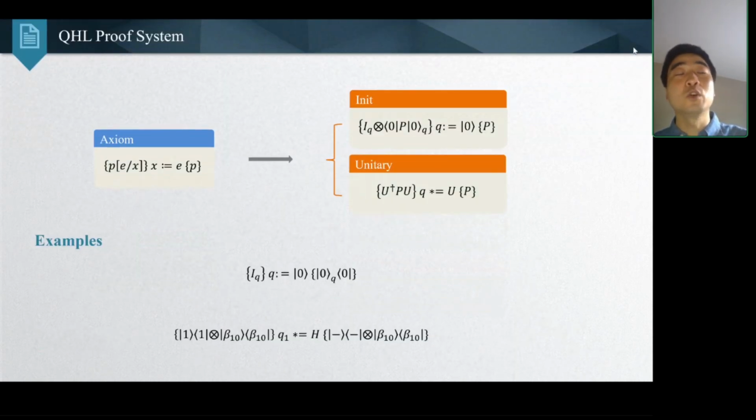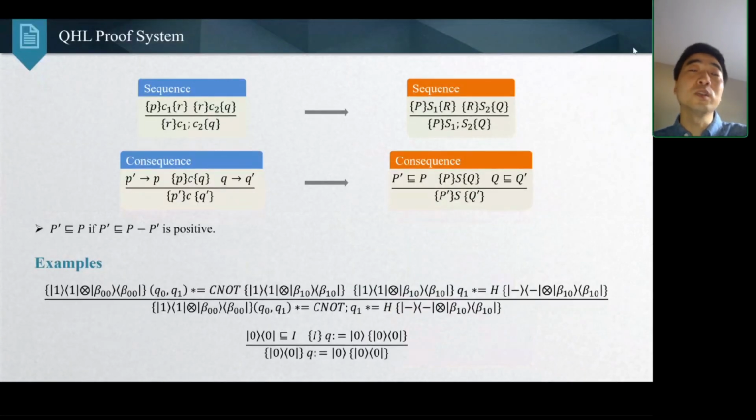And Mingsheng Ying developed the quantum Hoare logic proof system, in which we have initialization and the unitary operation, and also the sequence rule and the consequence rule.